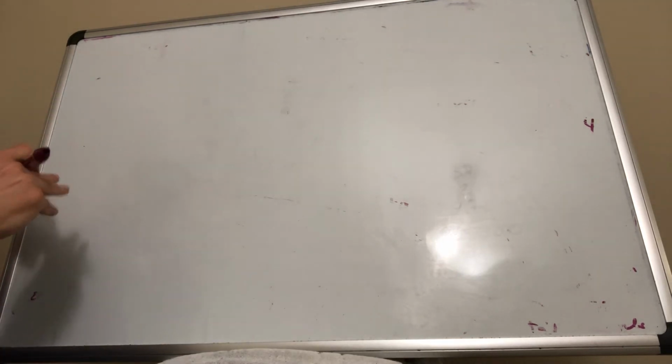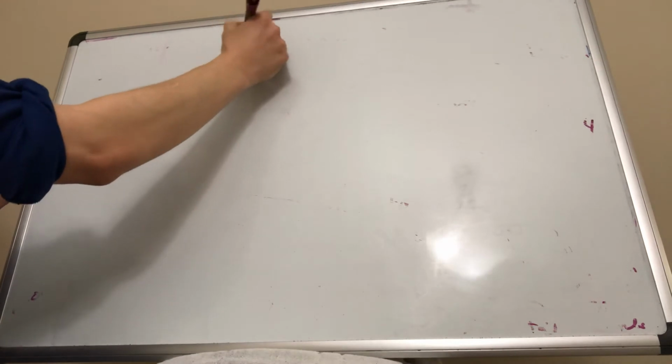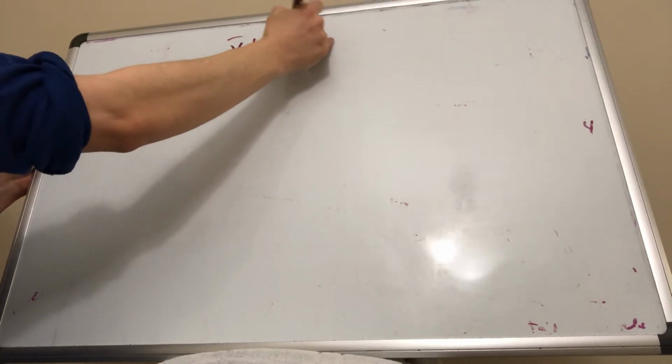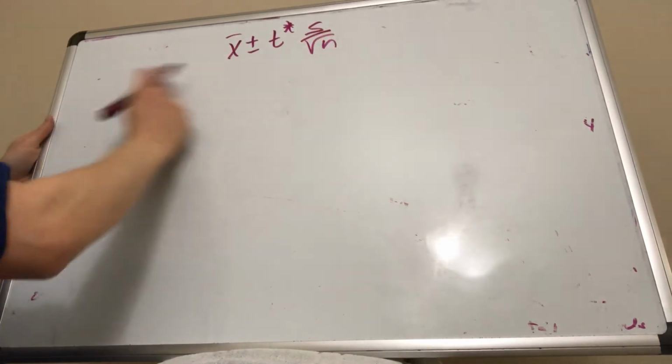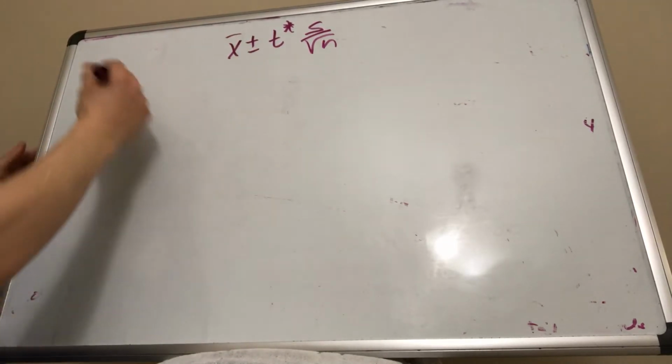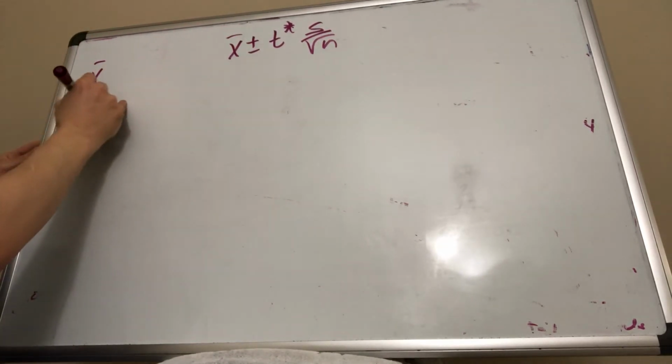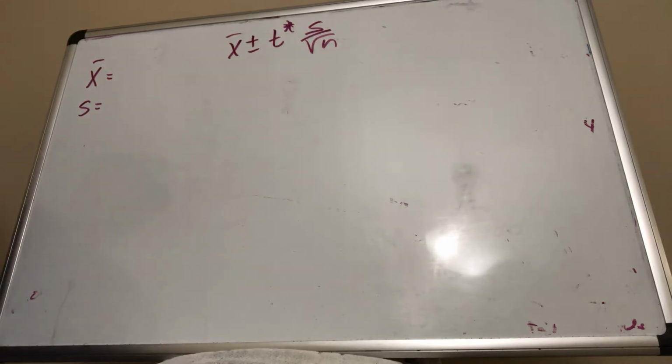So it's a confidence interval question, and it's x bar plus or minus t times s over the square root of n. And since they gave you the numbers, you need the x bar and s. You know how to do them. These are the formulas we talked about since the beginning of the semester. Average, you add them, divide, and whatever.